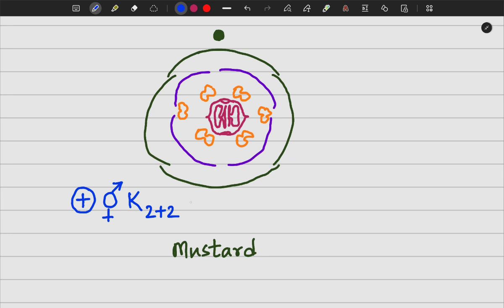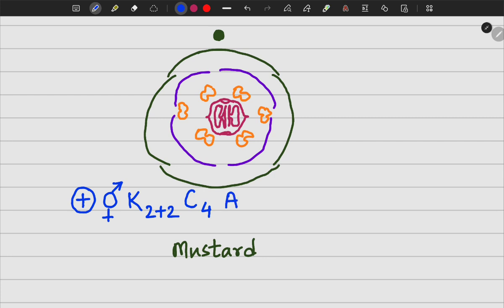After calyx, we will go to the corolla. The symbol for corolla is C. Now the plant has 4 corolla, so we will write 4. They are arranged in a simple manner, not in a group or overlapping manner, so we will just write 4.